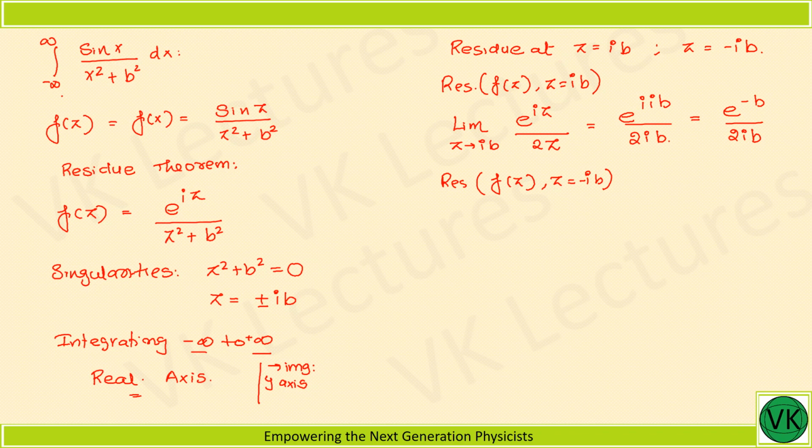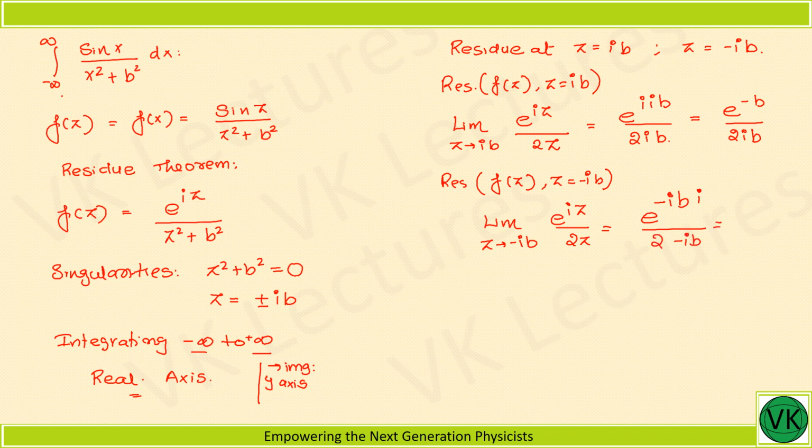Now the residue of the function f of z at z equal to minus ib is equal to the limit z tends to minus ib of e to the power iz divided by 2z, that's equal to e to the power minus i times ib divided by 2 times minus ib.